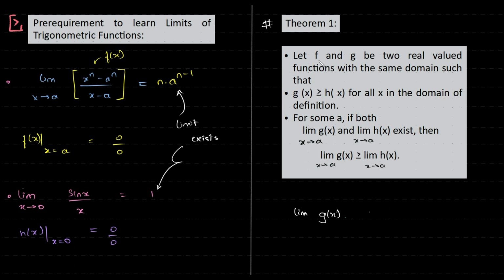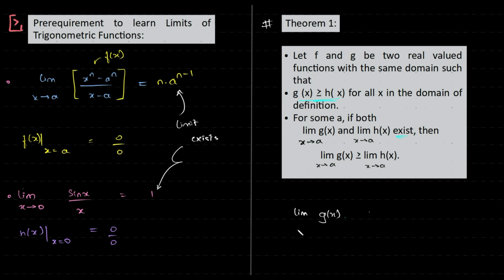So if we have two functions, let g and h be two real valued functions with the same domain, such that g of x is greater than h of x for all x in the domain of definition. For some a, if both limits exist, which they do, then limit of g of x as x tends to a will be greater than or equal to limit of h of x as x tends to a.